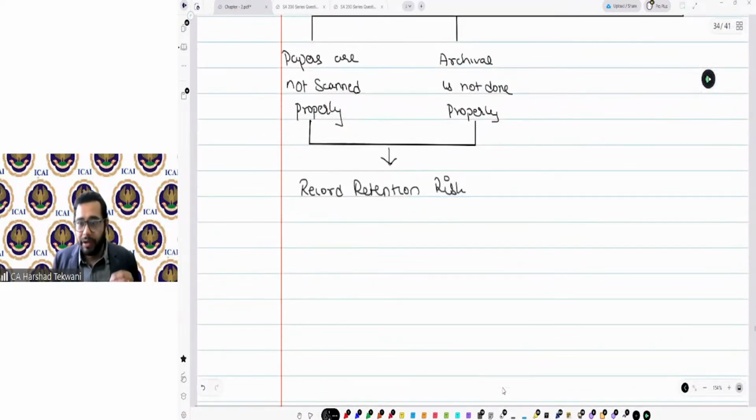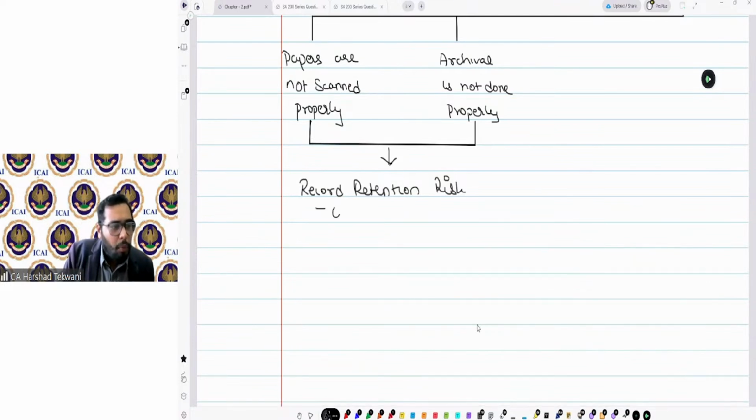Okay. But again, the question is how important it is. If record retention risk is there, what is the occurrence of this particular risk? How many times has this happened before? I need to understand what the misses were in the past.